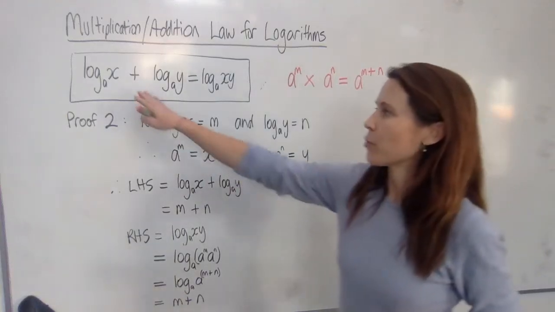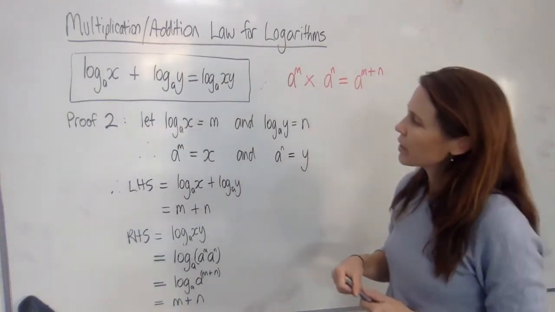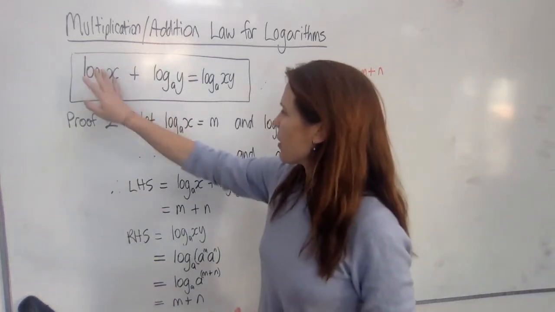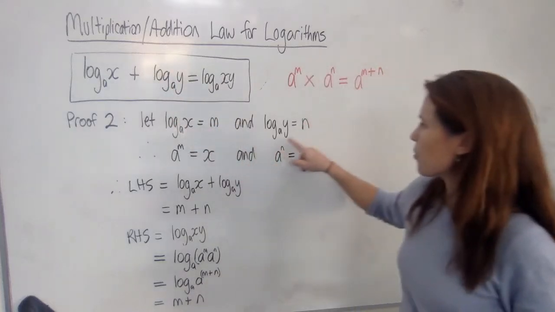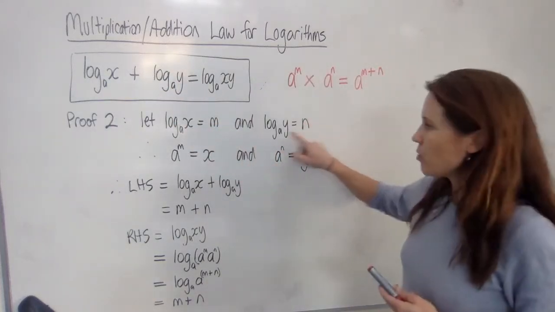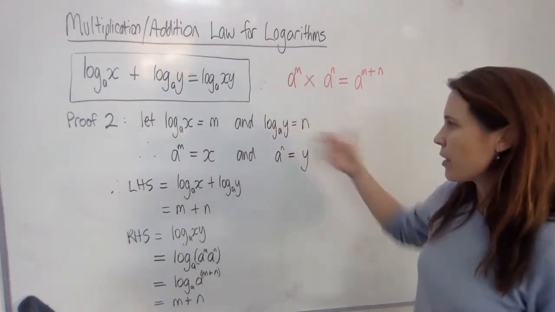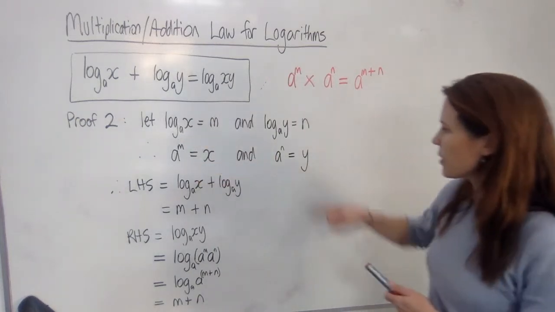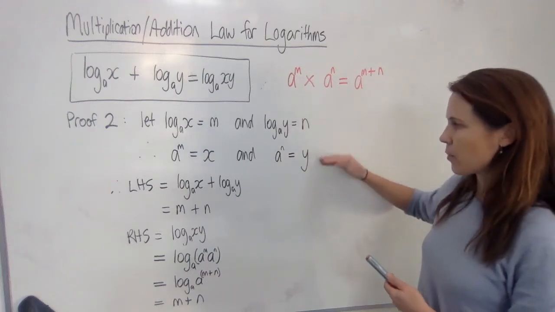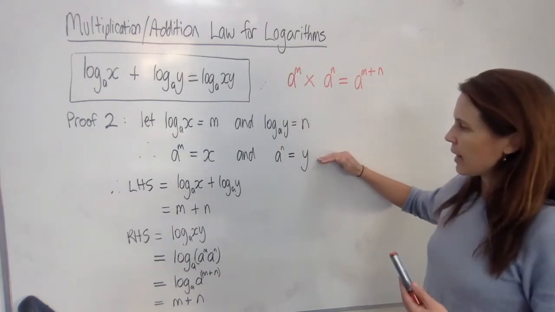Now, another way we can prove that this is true is we can say, let's let this part of the expression equal m, and let's let the other part of the expression equal n. Now, once we've written these both out, we can rearrange them and say a to the power of m equals x, and we can say that a to the power of n equals y. So we have these expressions. All right, how's that helped us?